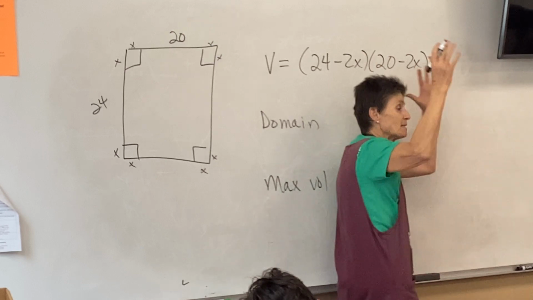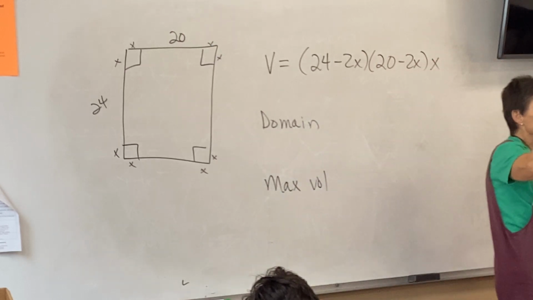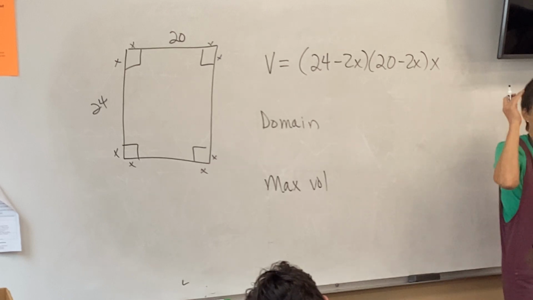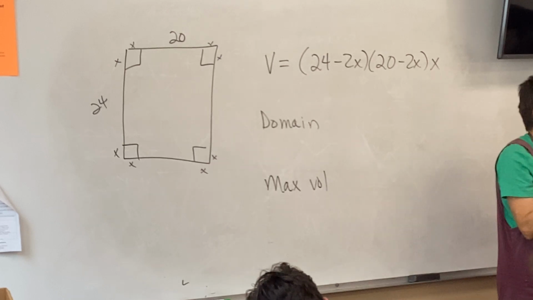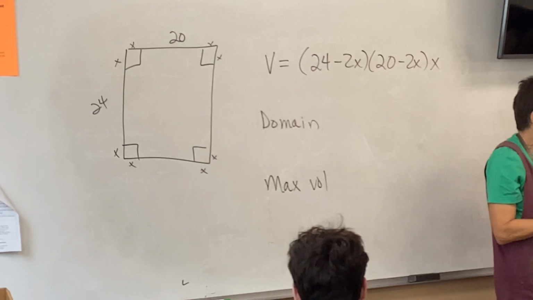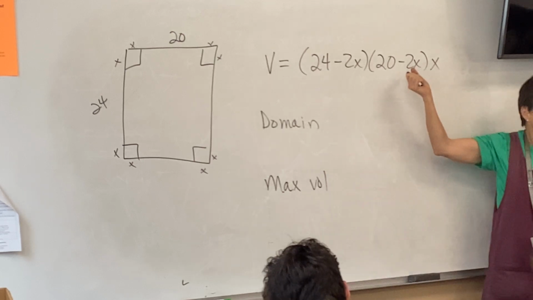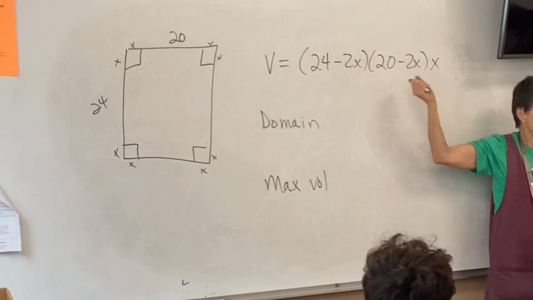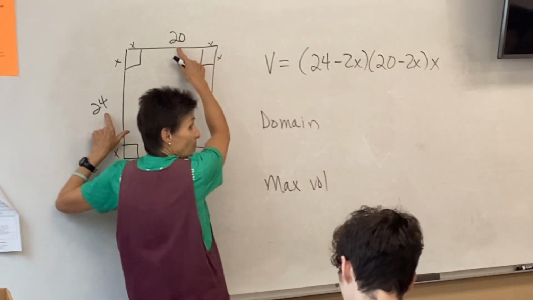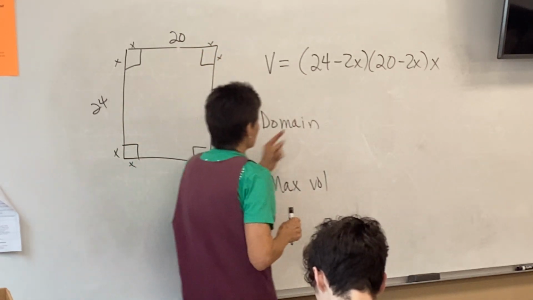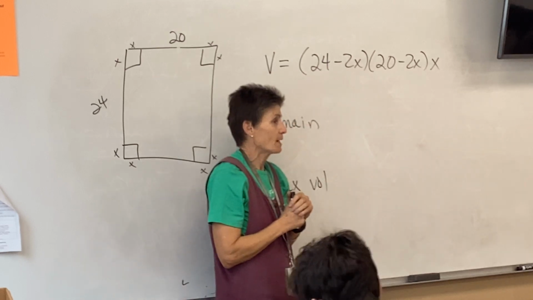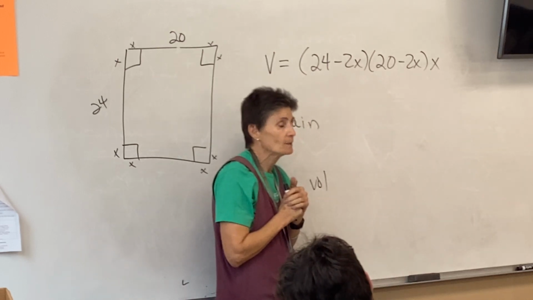Okay, this makes my heart leap for joy, because somebody paid attention to me yesterday when I said we're gonna do a box problem on the exam. Every box problem you do, the equation's gonna look just like this. The only thing that will be different is however big this paper is. So she said 24 minus 2x, 20 minus 2x, x. Yes, every time, thank you.